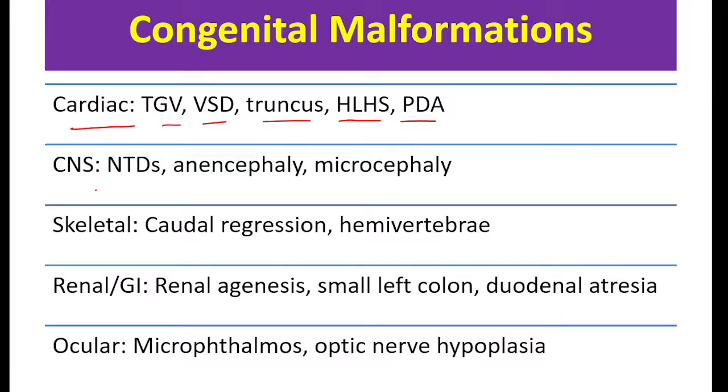In CNS, they can have neural tube defects, anencephaly, or microcephaly. Skeletal dysplasias may include caudal regression syndrome or hemivertebrae. Renal involvement may include renal agenesis, small left colon, or duodenal atresia. And ocular manifestations such as microphthalmos and optic nerve hypoplasia can be there. This highlights why preconception control of diabetes is so important.